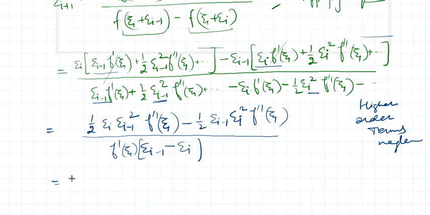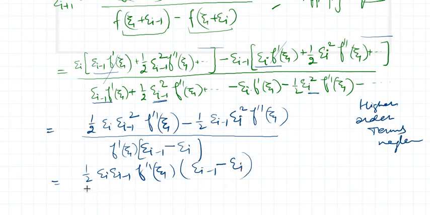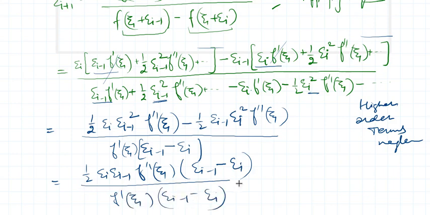So it is equal to 1/2 ε_i ε_{i-1} common, and f''(ξ) is also common, and inside it will be (ε_{i-1} minus ε_i) divided by f'(ξ) and (ε_{i-1} minus ε_i), so it will cancel out.